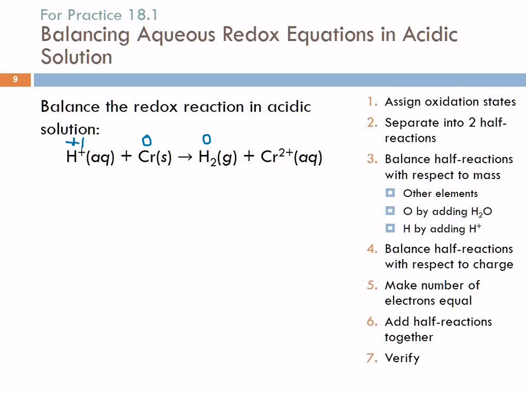It's also an element. And think about it. You've got 2 hydrogen atoms. Their oxidation numbers have to add up to 0. Why would one be +1 and the other be -1? There's no reason for that to happen. They must both be 0. Cr2+, that's a +2.